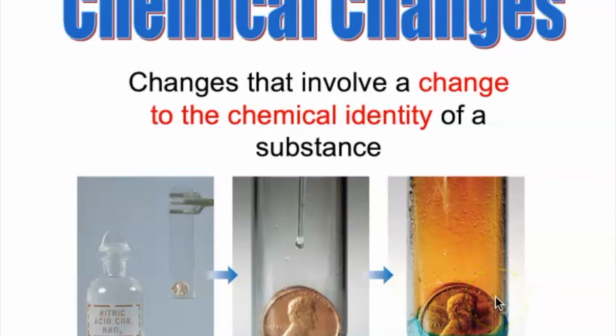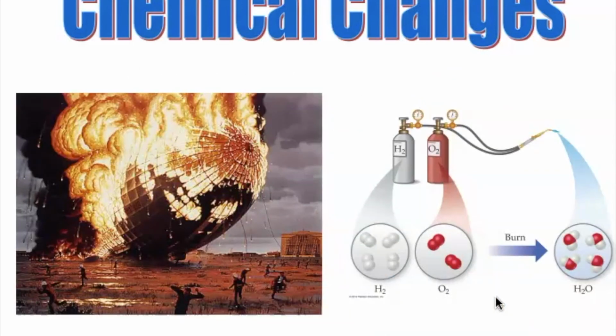This is a pretty obvious example of a chemical change. Anytime you look at something and go, wow, almost always it's some sort of chemical change, because a lot of these changes are huge changes in the way that the thing is bonded.